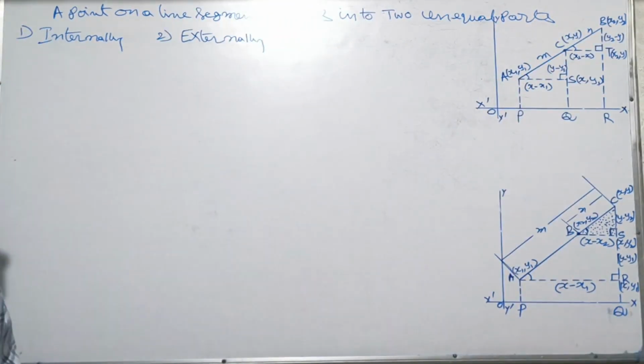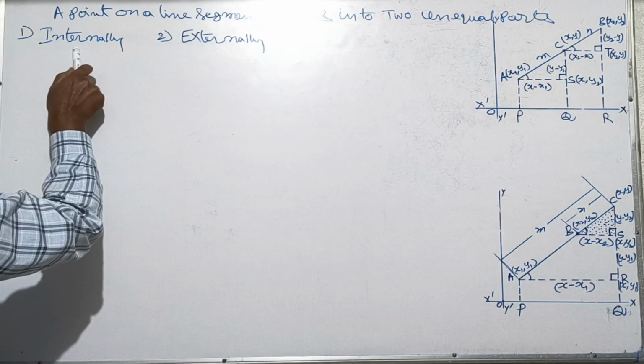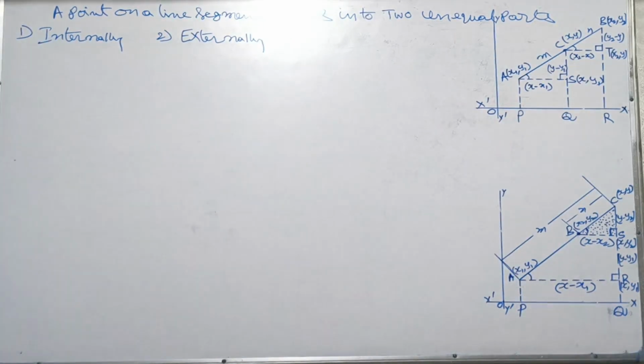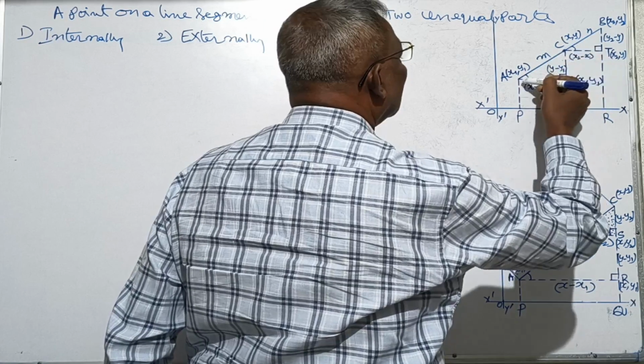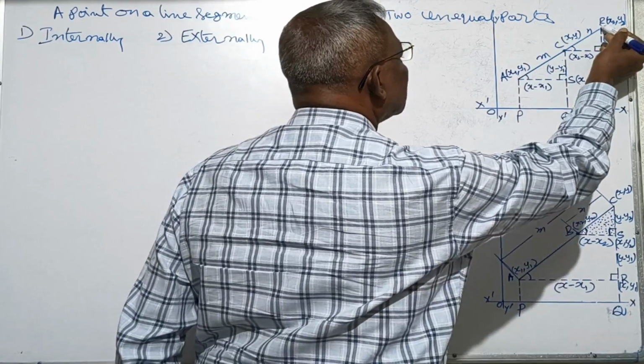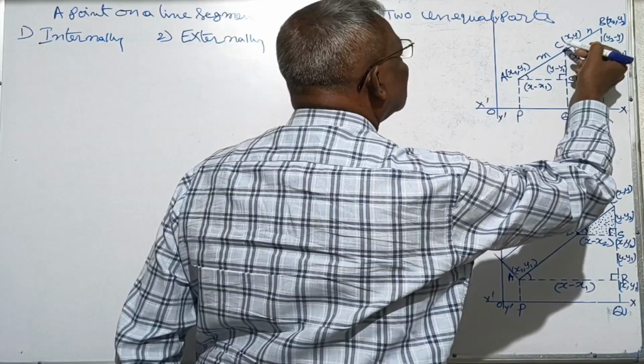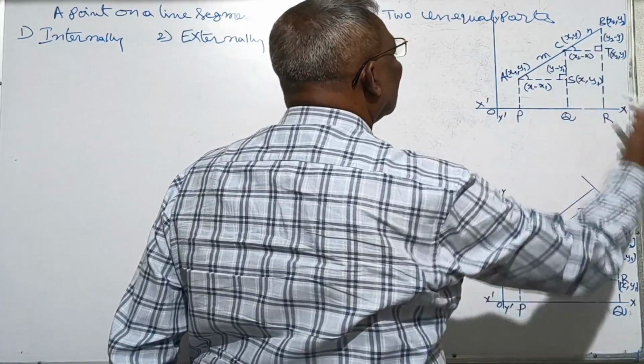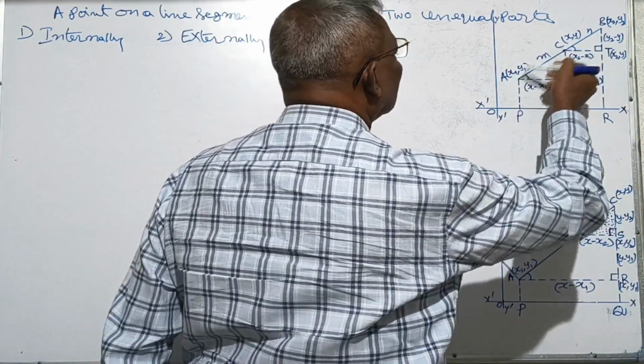That is two types. Number one, internally. So that means AB is a line segment, and C is in between. That is internally.